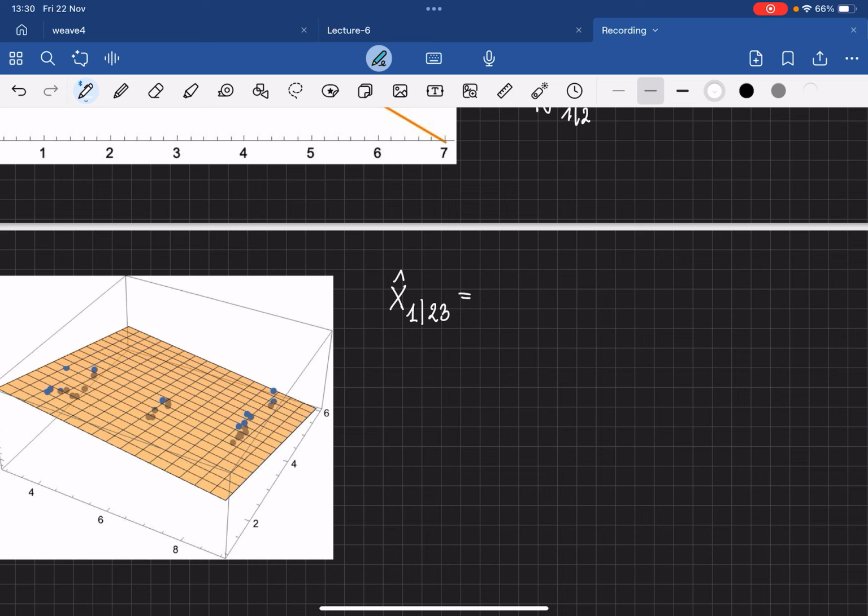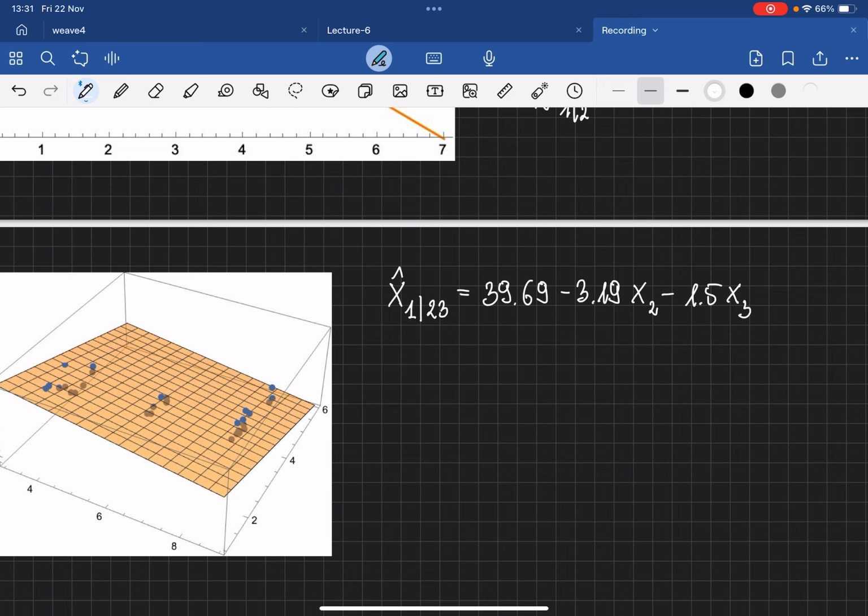The formula is the following: 39.69 minus 3.19 x2 minus 1.5 x3, and R, this time R squared with dependent variable 1 and independent variables 2 and 3.